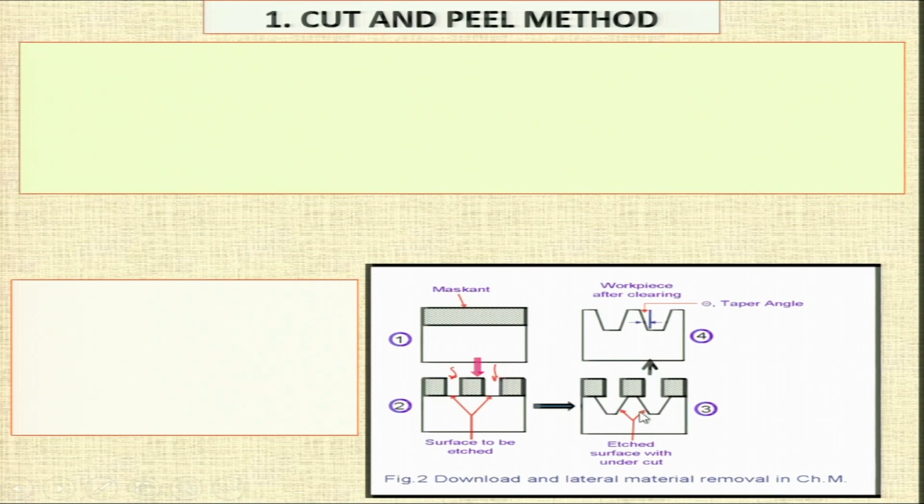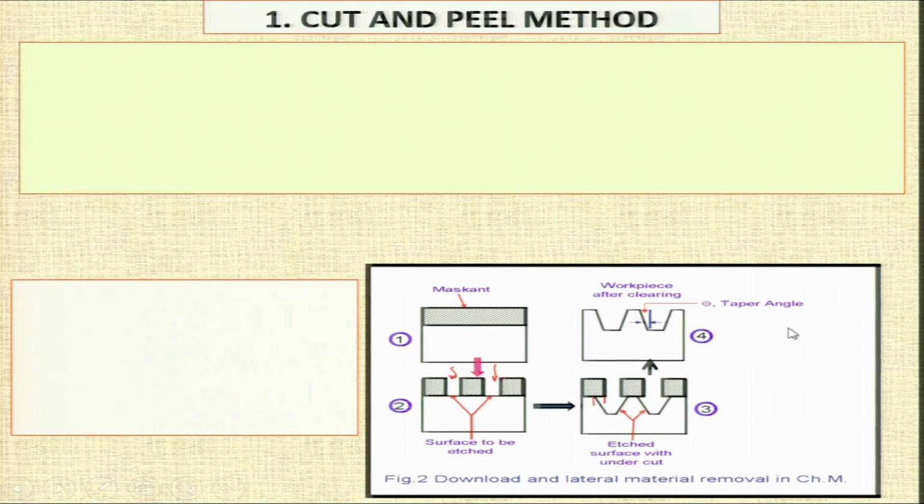Now if you see here, this is the machined component, and you can see clearly the etched surface with undercut. This portion is the undercut, which I have already explained to you. From this part to this part is the undercut, and you can clearly see you are getting a tapered part, not a straight sided part, while our requirement is a straight sided part, but you are getting taper, and this is the taper angle which you can define.